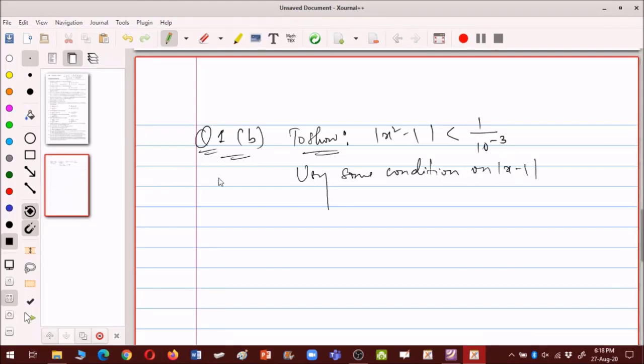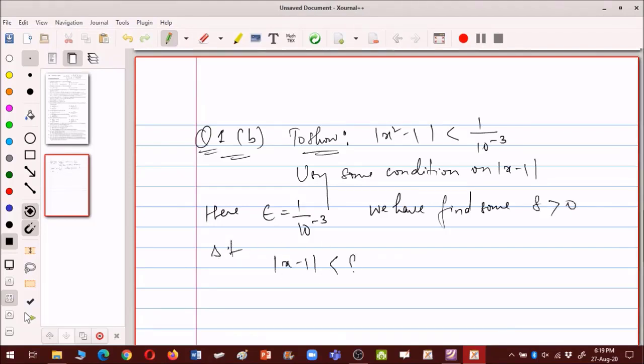So basically, here epsilon is equal to 10^(-3), and we have to find some delta greater than 0 such that |x - 1| less than delta should imply |x² - 1| less than epsilon. So this is what we have to find.